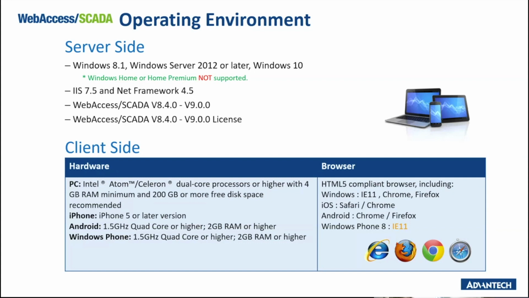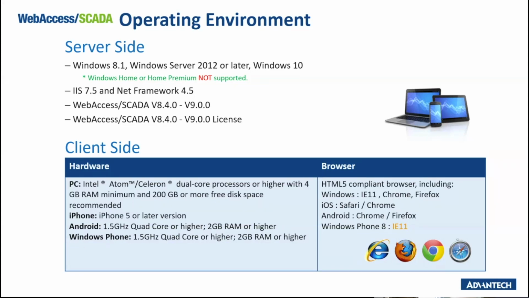Then we have the version, now version 8.4 all the way to version 9, which is coming soon, and their license. In terms of hardware for PC usage, you need a minimum of Intel Atom or Celeron dual processor with 4 gig RAM and 200 gigabyte of hard disk storage space.